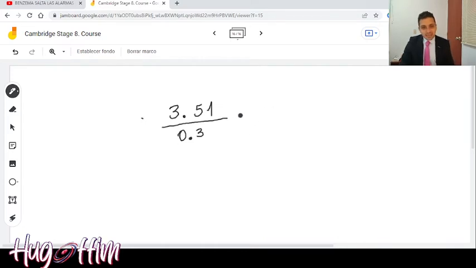So my estimation here, I'm going to estimate these values as 3.5, so I'm going to round it to 4. And 0.3, I'm going to round it to 0.1. If I divide by 0.1, it is multiplying by 10, so it means that this is around 40. So my answer is around 40.